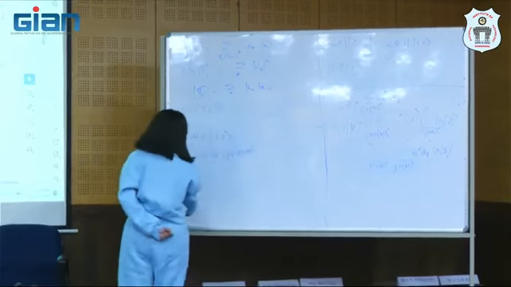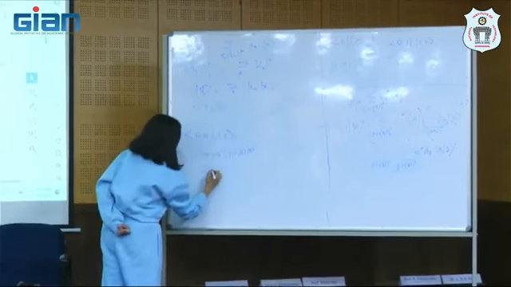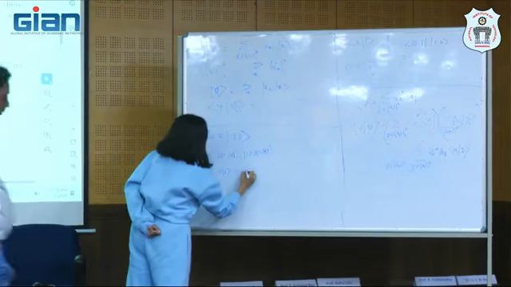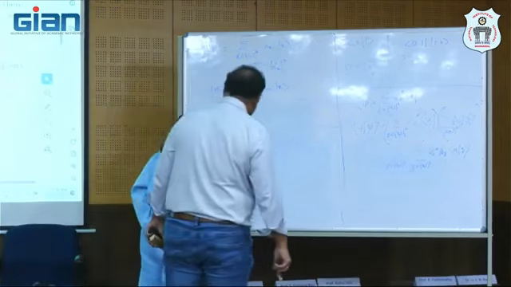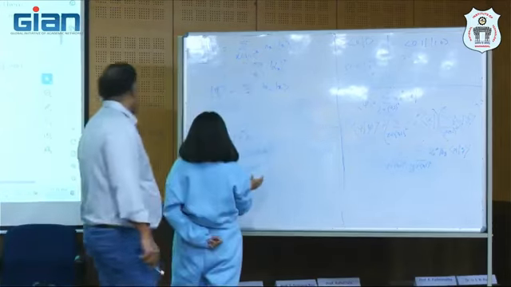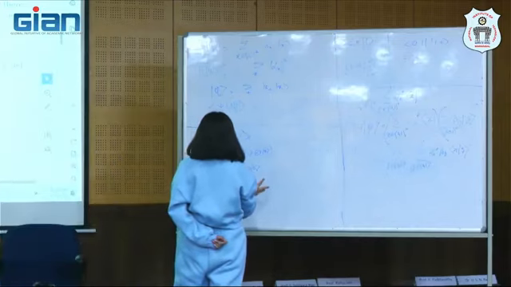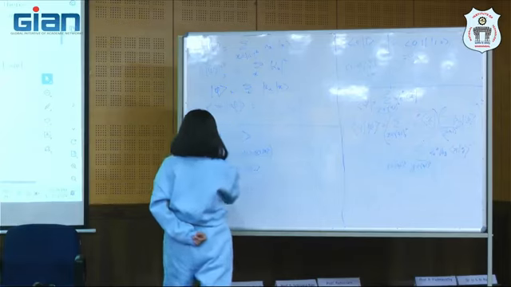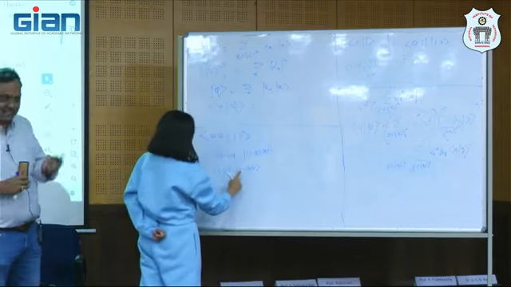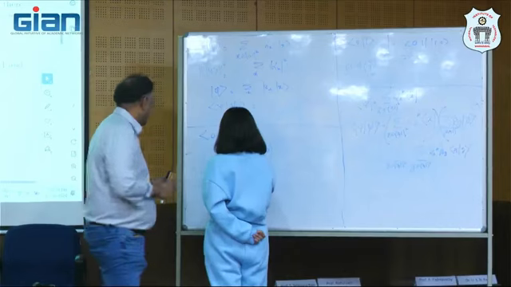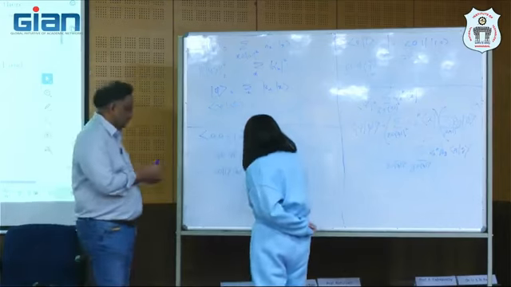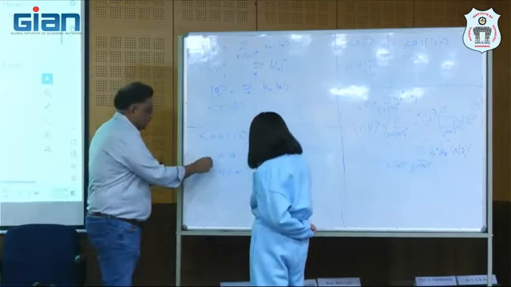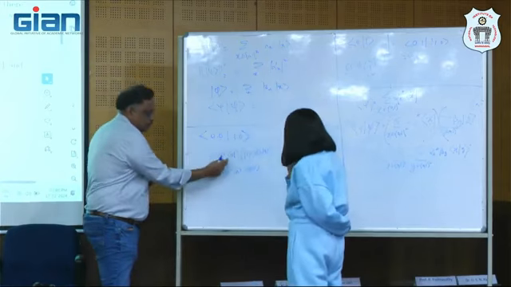Yes. Very good. See what she did. She is now using this compact notation. No, it's very good. So you see, 0 0 is 0 tensor 0.